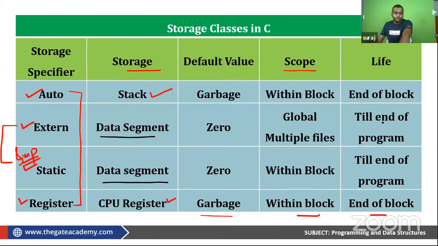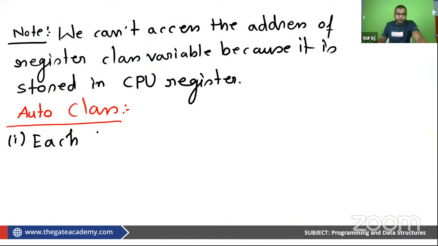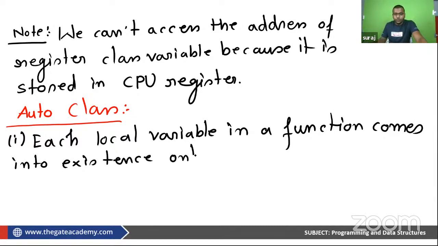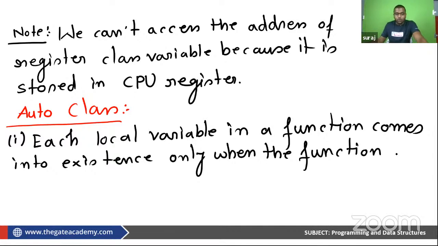Okay, understood now? So write: each local variable in a function comes into existence only when the function is called.